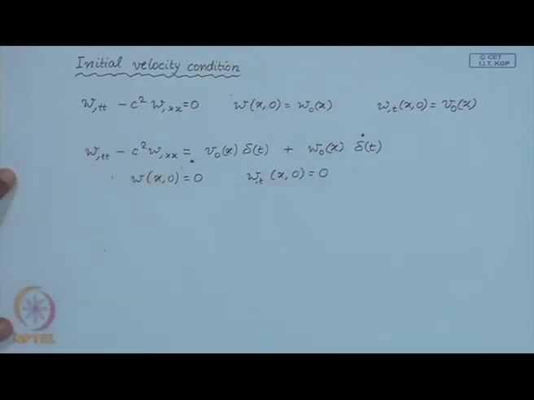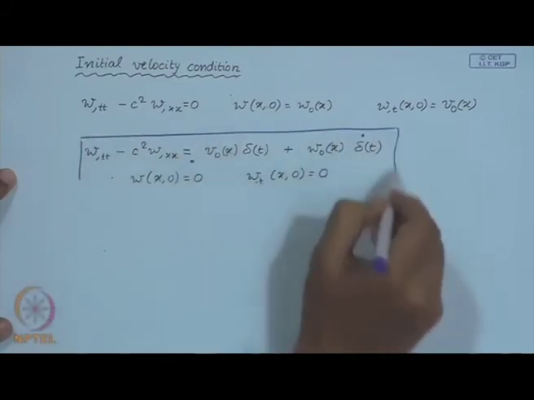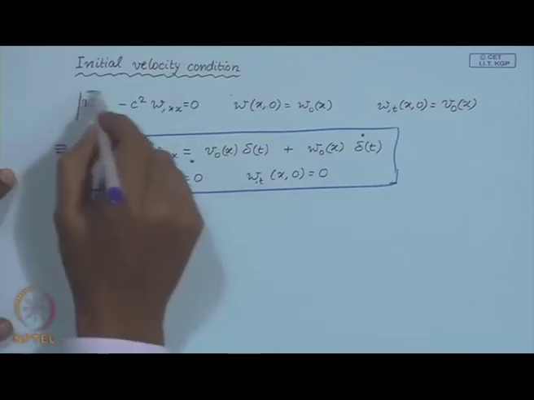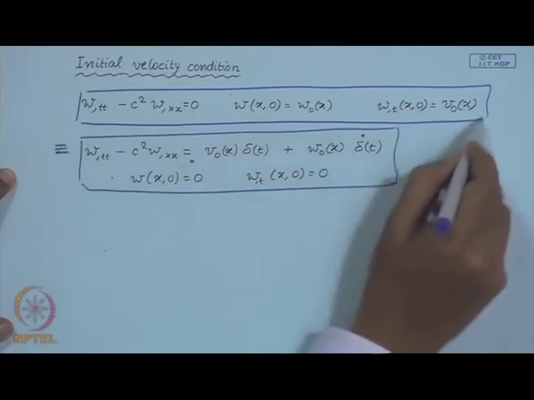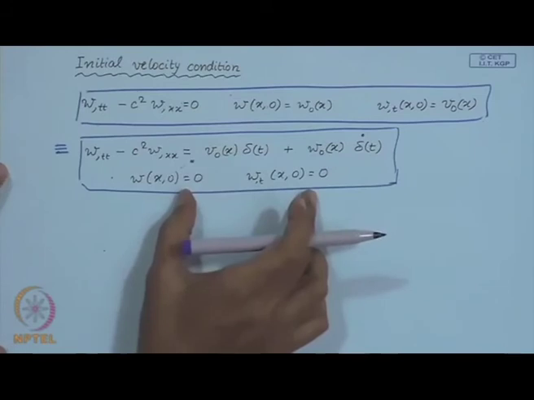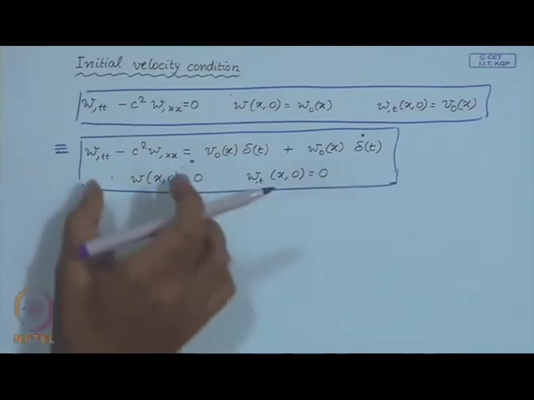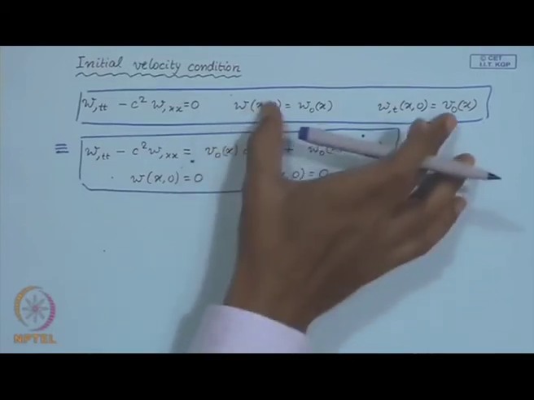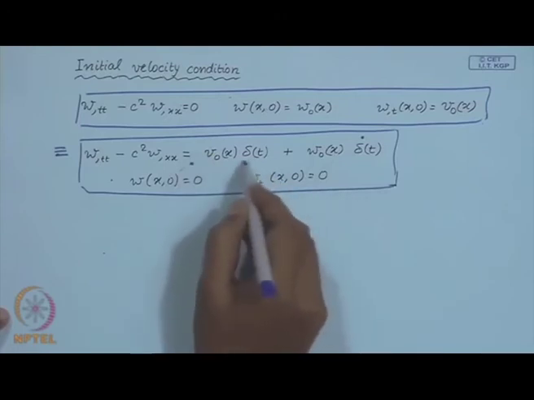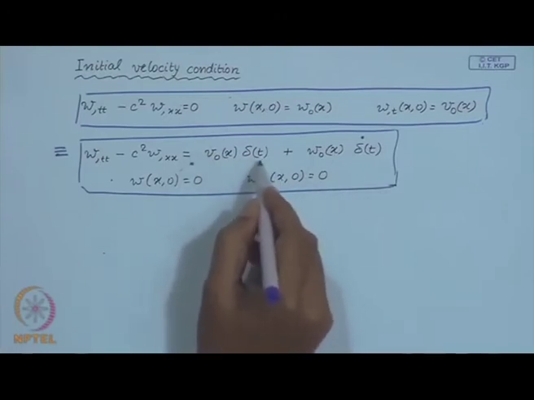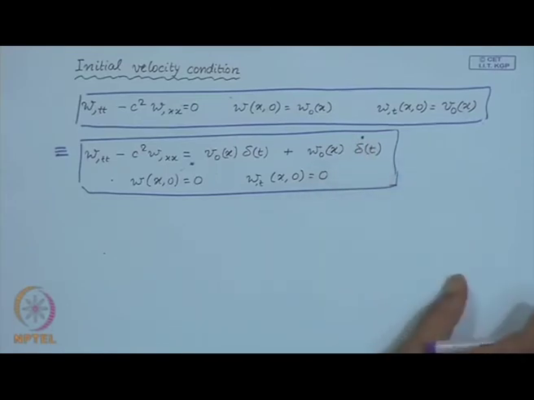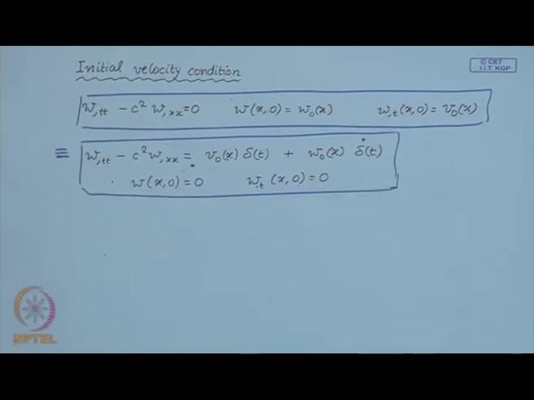So, these two systems are equivalent. Here we have forcing in place of initial conditions. So, a system with initial conditions can be looked at as a system with forcing in this form, where this delta t is the Dirac delta function at t equal to 0 and delta dot is the derivative of the Dirac delta function, which has certain properties that we are going to discuss.